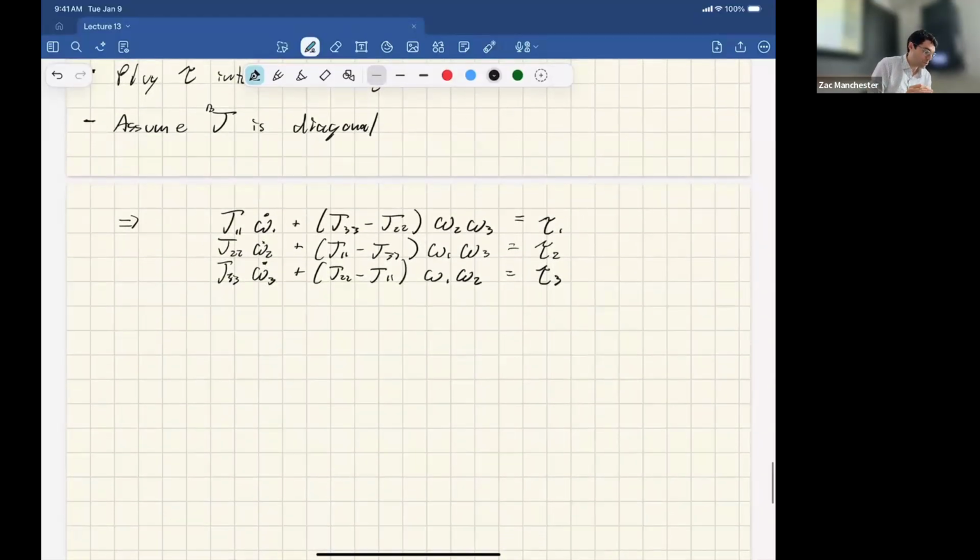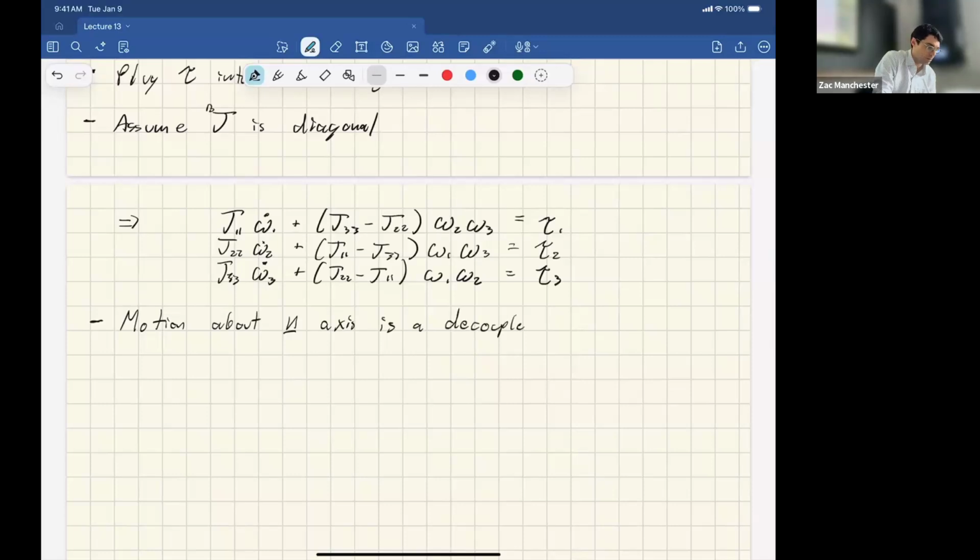And after doing a whole bunch of massaging, you'll get a couple of fun things. The n-axis motion, the third one, is actually really simple and clean and easy to write down. That axis decouples and looks like a simple harmonic oscillator, like we've seen before.